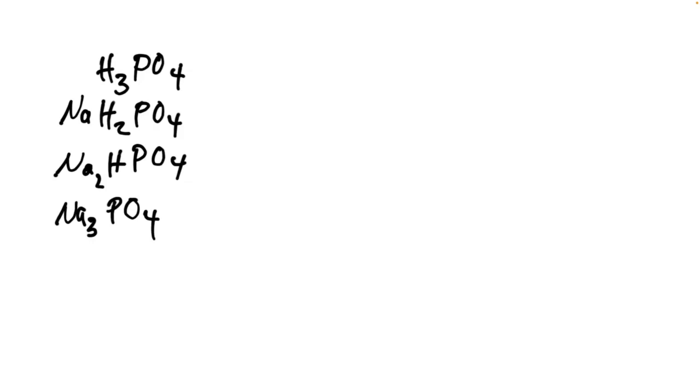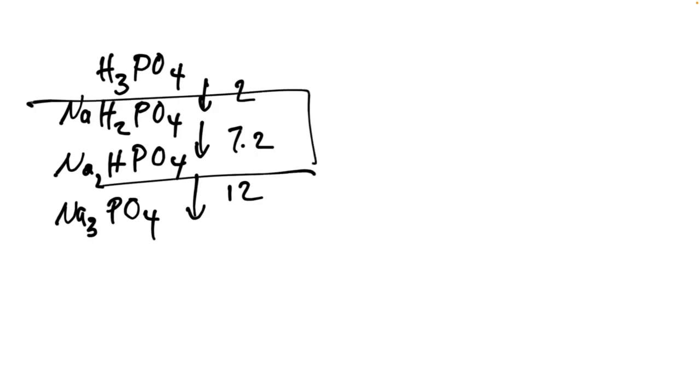So those 3 protons came off, right? 1 proton, a second proton, and a third proton. There's 3 pKa's, 2-ish, 7.2, and 12-ish. So it's clear that these are the 2 that are at either end of your buffer. So those are the 2 salts. The H2PO4 has the pKa of 7.2, giving you HPO4.